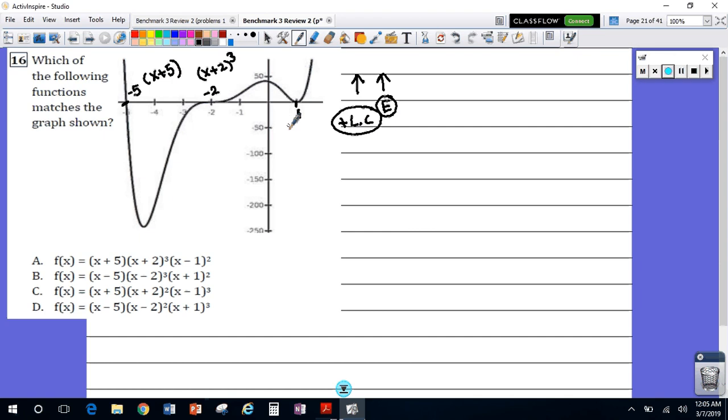So this one I can write as x minus 1 to the second power. So combining together, it is x plus 5 and x plus 2 to the third power and x minus 1 to the second power. So the option is the first option.